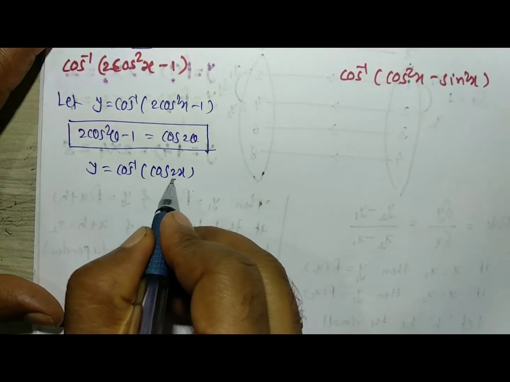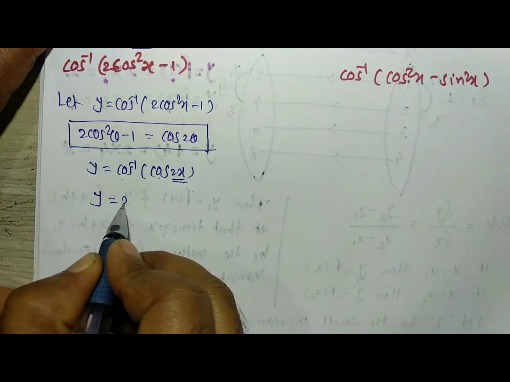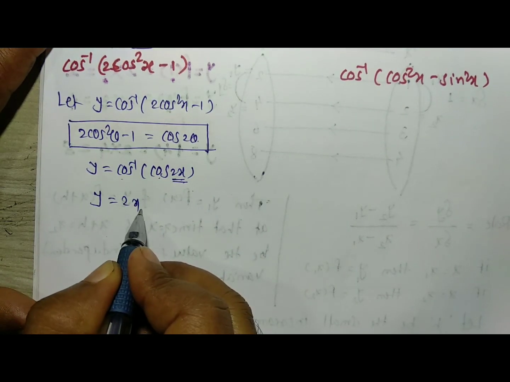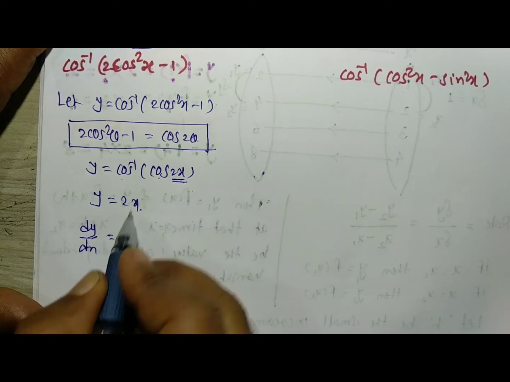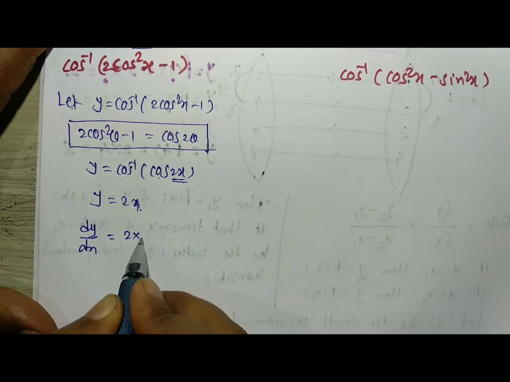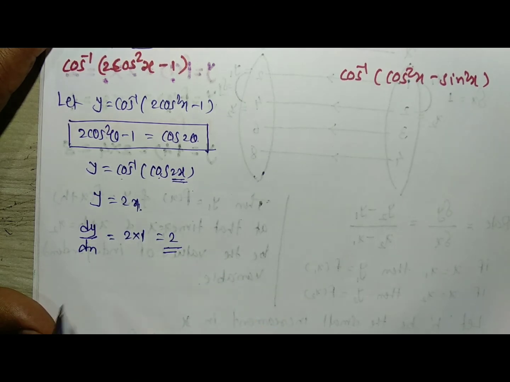Cos inverse and cos are cancelled to each other. y is equal to 2x. y is a function of x, therefore the derivative of y with respect to x, dy by dx, is equal to 2 into the derivative of x, which is 1, and you will get the answer 2.